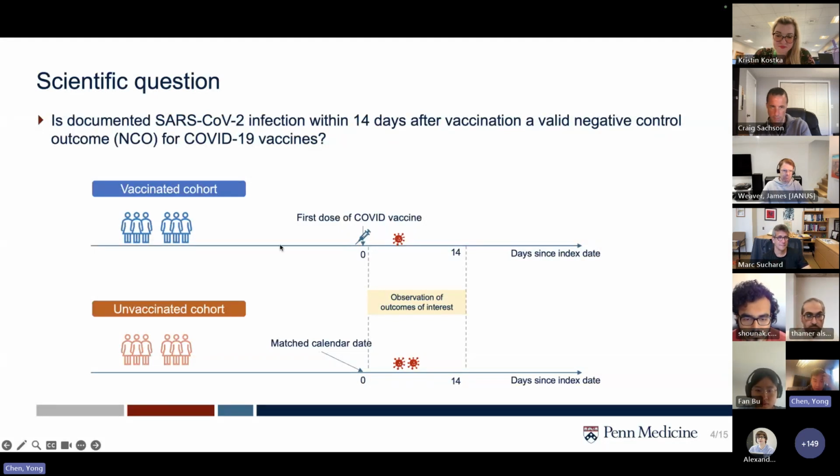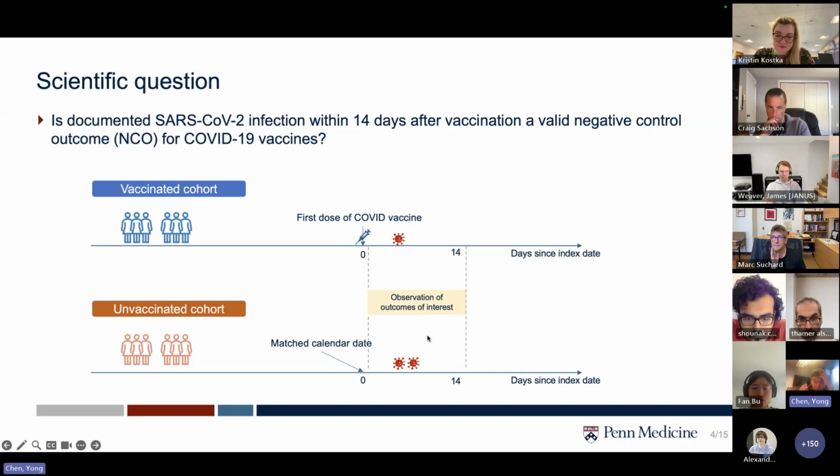Basically, as you can see in this diagram, we have two cohorts, and we consider first dose of COVID vaccine as exposure, and we have this calendar time from time 0 to 14 days, and we match the calendar date with this first dose of vaccination, and then we consider the outcome in the unvaccinated group is also within 14 days.